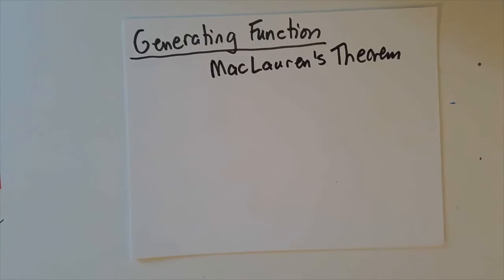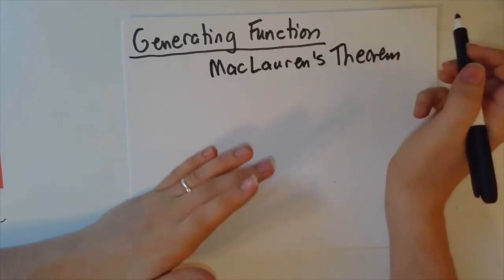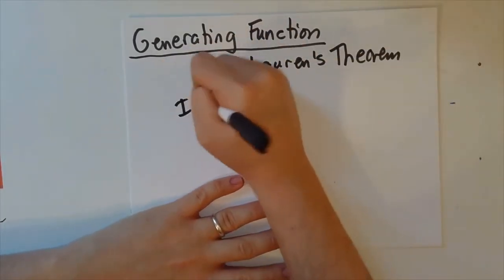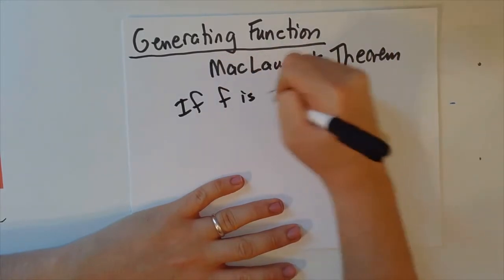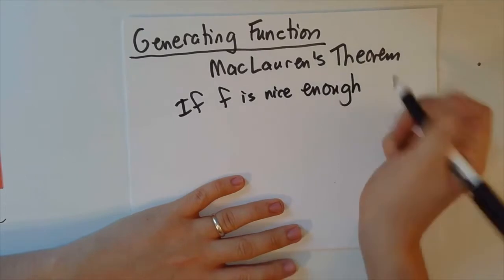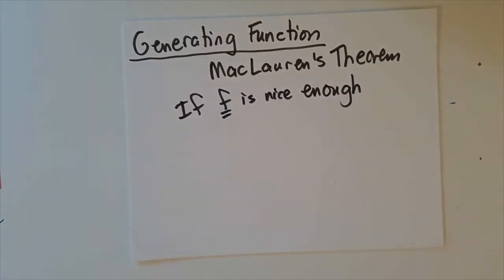Maclaurin's theorem is this theorem from Calculus 1. It's a special case of Taylor's theorem, which says that if f is nice enough, and here f is some function in the calculus-y sense, so some function from the reals to the reals, and like in any calculus thing, maybe it's not defined at all the reals, but it better at least be defined at 0.